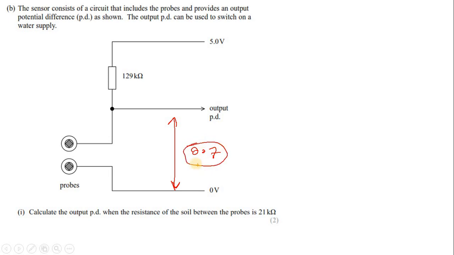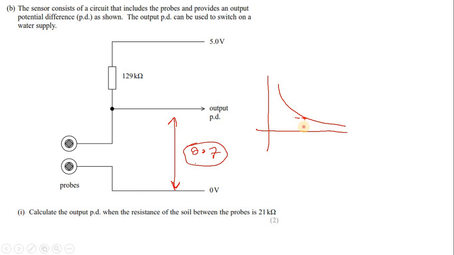The voltage will decrease only if the resistance between the probes changes. And as per the graph, if you see the trend, the moisture content decreases, so the resistivity is increased. This is the pattern of the graph.